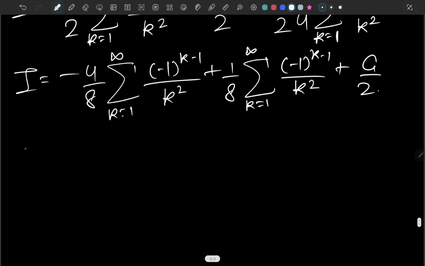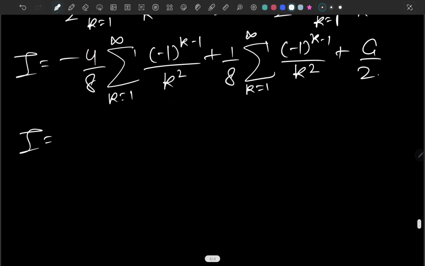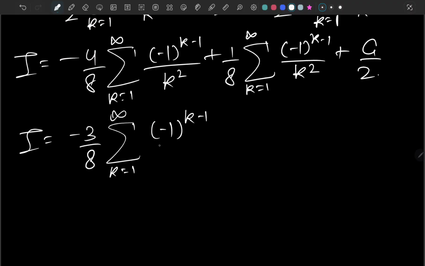Now we can combine them, and this plus this is negative 3 over 8, right? So negative 3 over 8 times the sum as k goes from 1 to infinity of negative 1 to the k minus 1 over k squared plus G over 2.